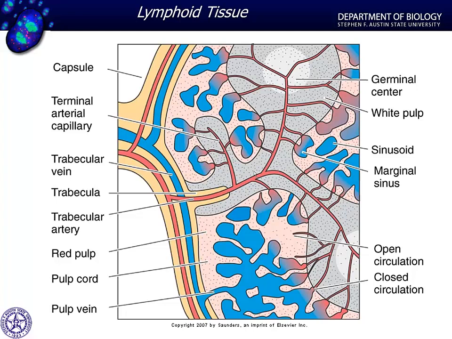So here's a different way to look at this. Here we have our trabecular arteries and veins, and we can still see this coming up into the trabeculae. Then as soon as we leave the trabeculae, we've got our central artery, and then off the central artery, branching out of the white, we're going to have our penicillars coming up, and we don't have as much detail as we had in the others. But again, here you see the central artery.